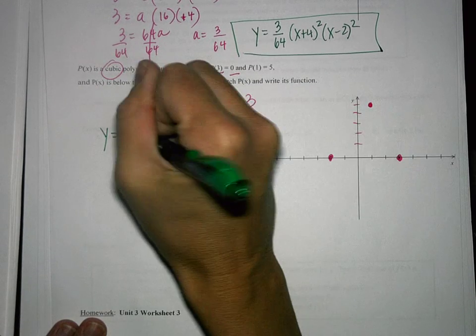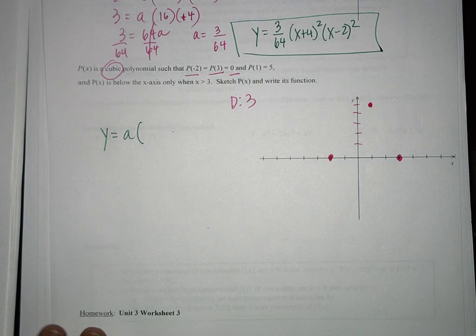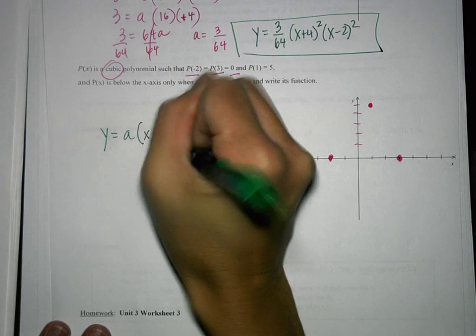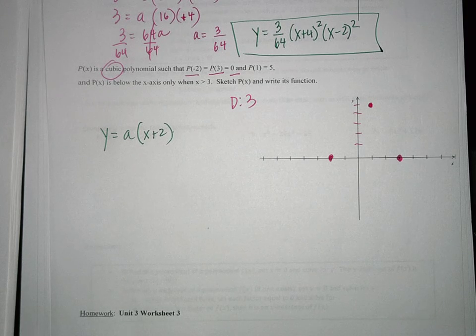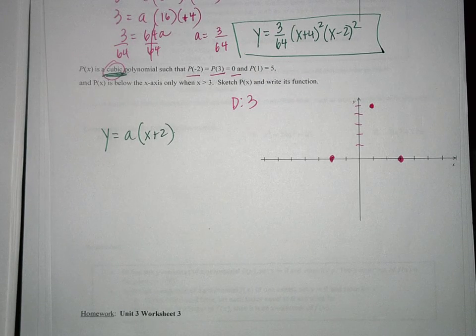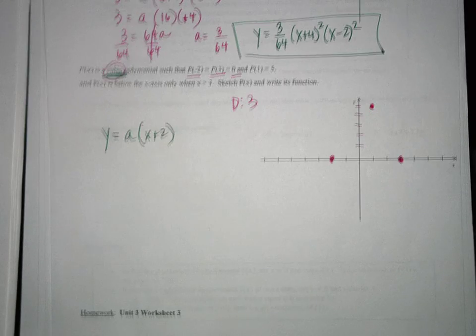What's my first parenthesis? Good, so we'll talk about it here in just a minute, okay? All right, so the degree we know is cubic. That's how we know 3.